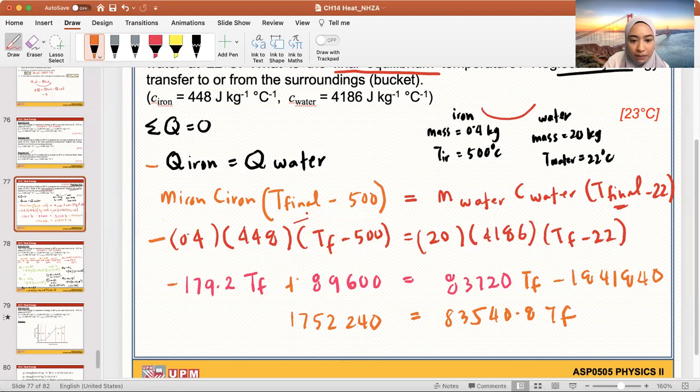Negative plus. Okay, so will I get the right answer, Umar? I don't know. Yeah, you will get it. 83720 plus 179.2. Okay. So that is 83899.2.